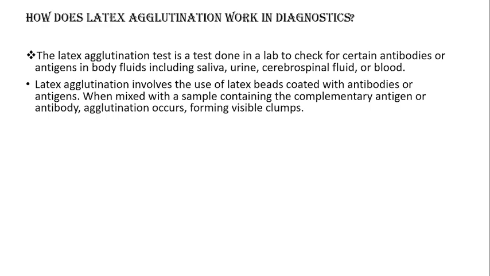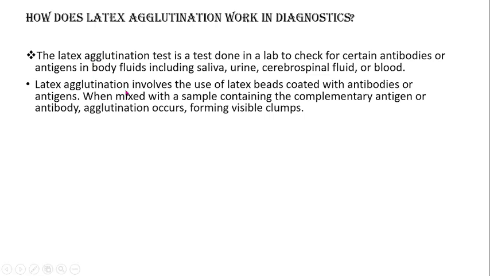Here they say the latex agglutination test is a test done in the lab to check for certain antibodies. As I have said, it may be coated with certain antibodies or antigens, and in the sample we are testing, either saliva, urine, CSF, or blood, if the corresponding antigen or antibody is present, it will be indicated by the clumping or agglutination.